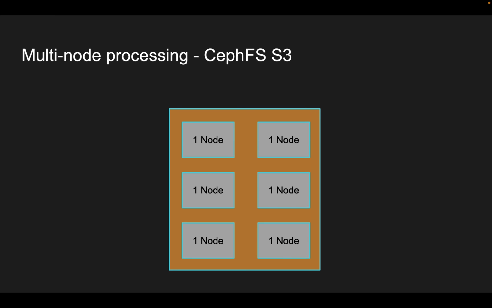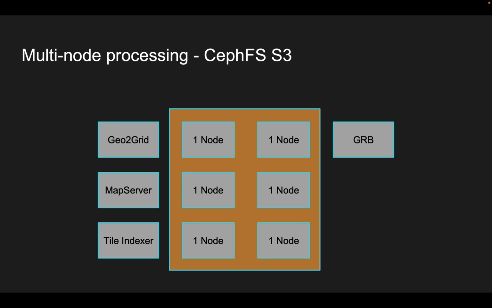So we have CephFS installed on our cluster. That provides an S3 protocol, and essentially, as long as our software supports it, which it does or will, we can, from any node, request data, and Ceph will figure out how to get that data to us, wherever it's stored on the cluster.